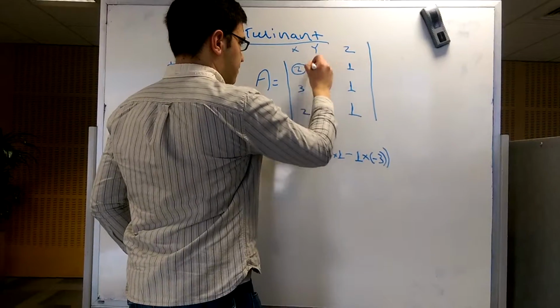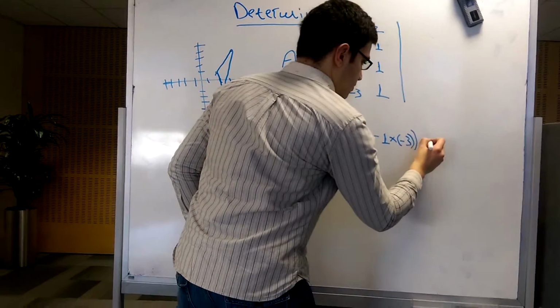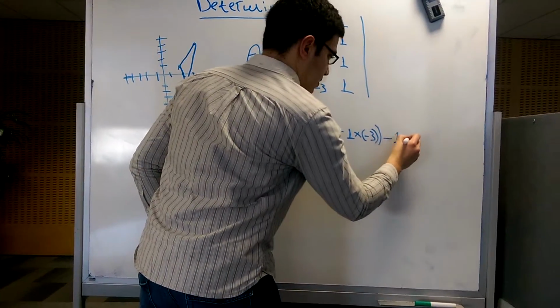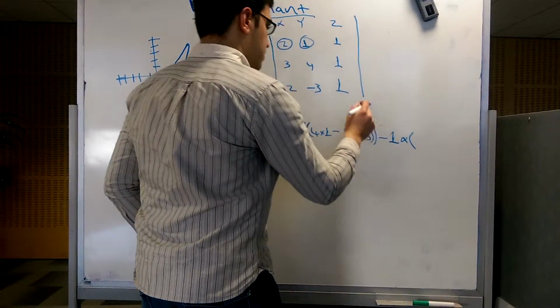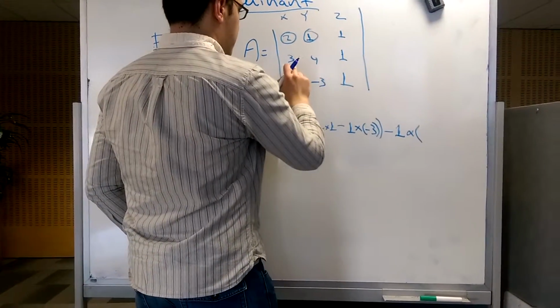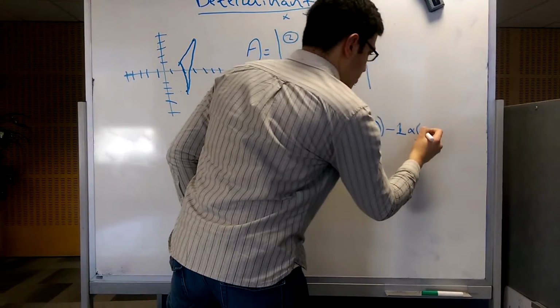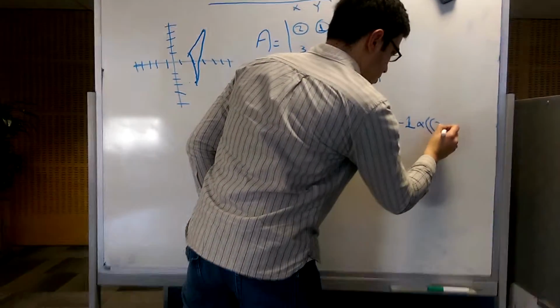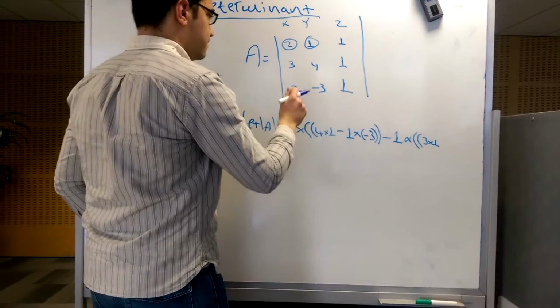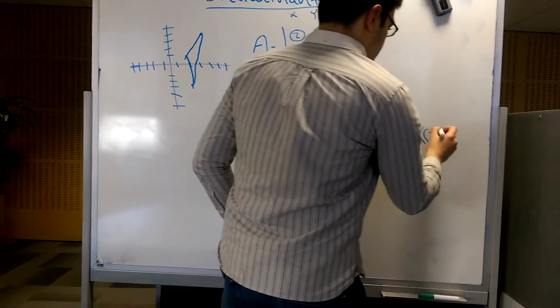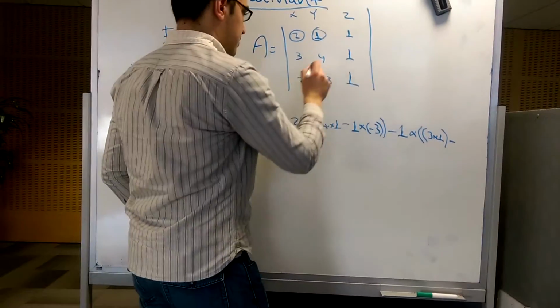Then we have to subtract 1 times 1 minus 1 times 2.